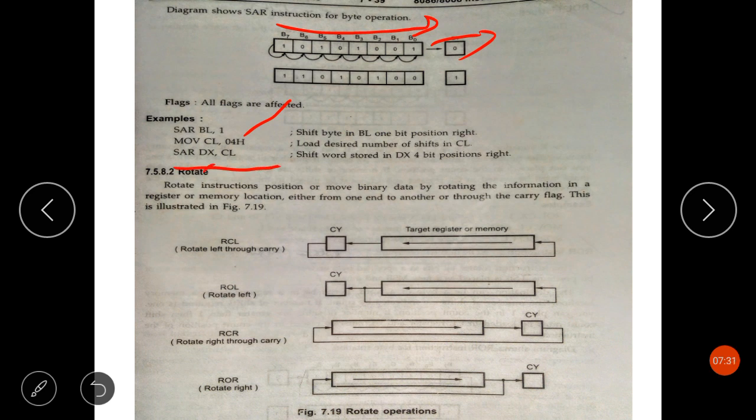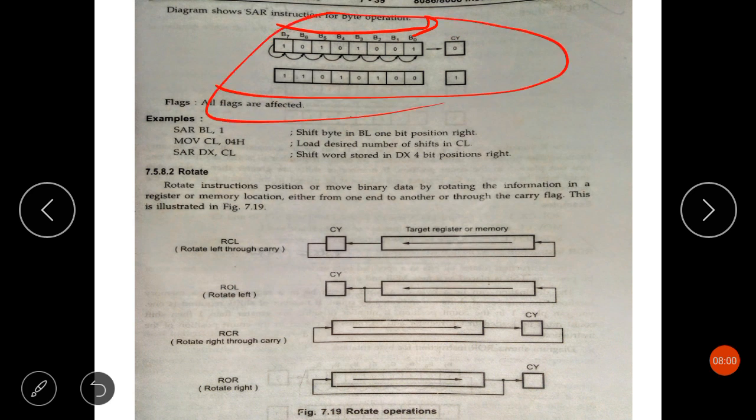You have to mention the register for which you want the shift operation, like if you want the shift for the content of the DX register, you mention DX. So SAR again performs shifting towards the right, the LSB gets stored in the carry flag, and the MSB gets stored in the MSB only. In this way the whole shifting operation will occur.